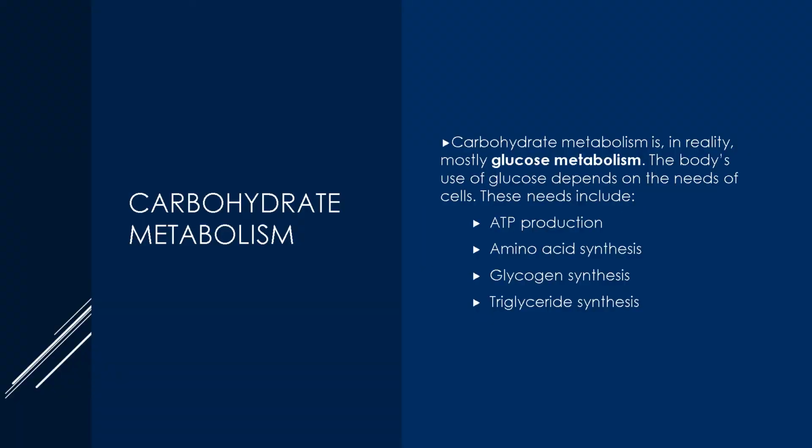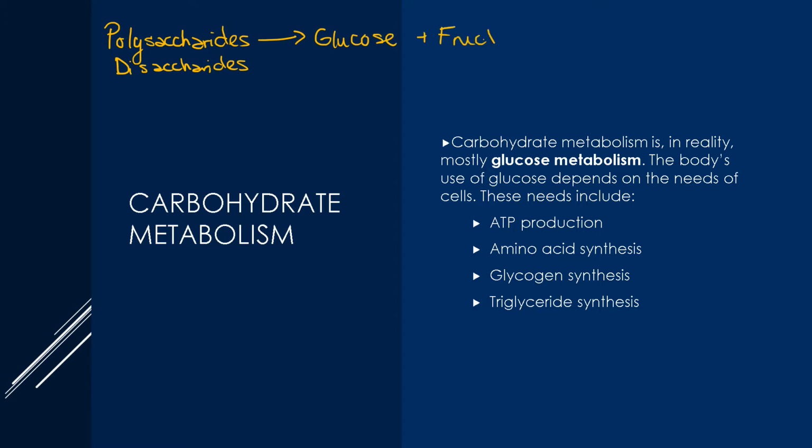So as we learned in a prior chapter, both polysaccharides and disaccharides, when they're hydrolyzed or broken apart, are going to be converted into the monosaccharides glucose, fructose, and galactose.